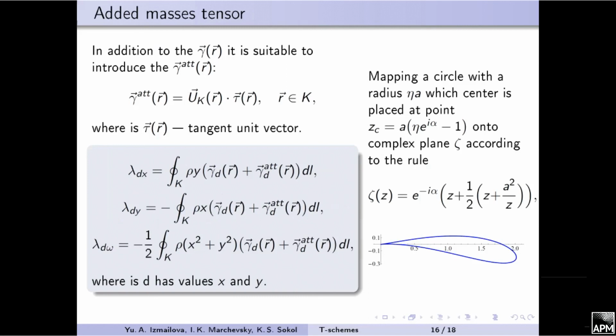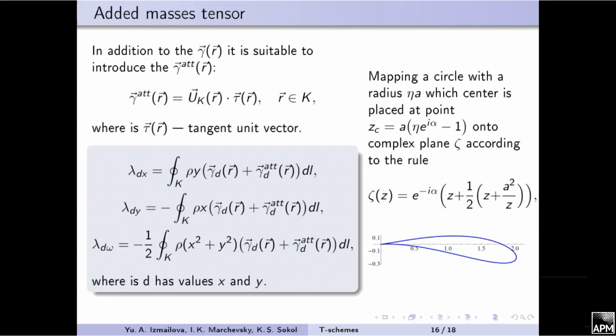In addition to the vortex sheet intensity, it is suitable to introduce the attached vortex sheet intensity according to the rule. Galina Yakovlevna established the fact that all components of the added masses tensor can be calculated according to these rules.